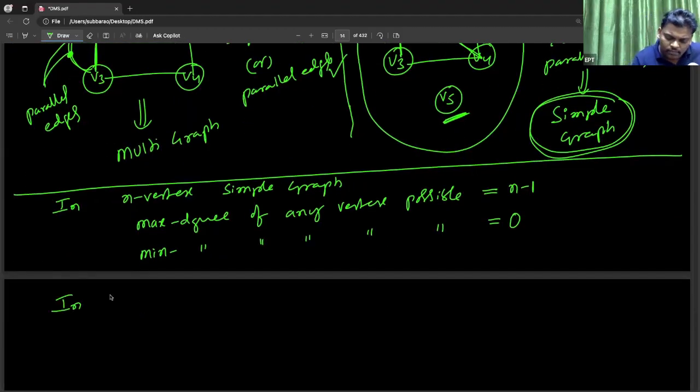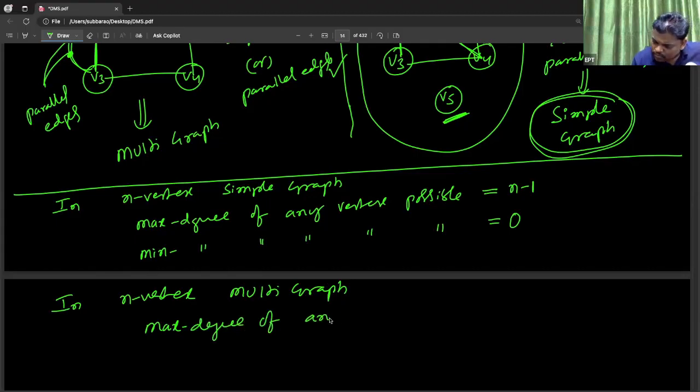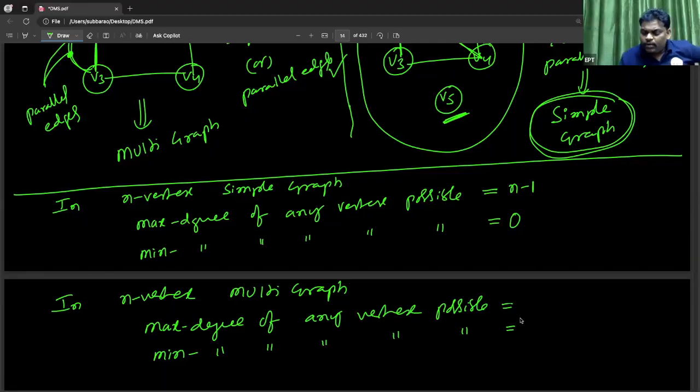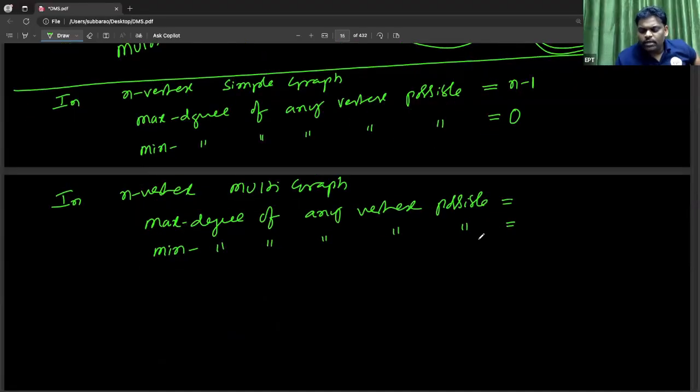In an n-vertex multigraph, maximum degree of any vertex possible, minimum degree of any vertex possible.